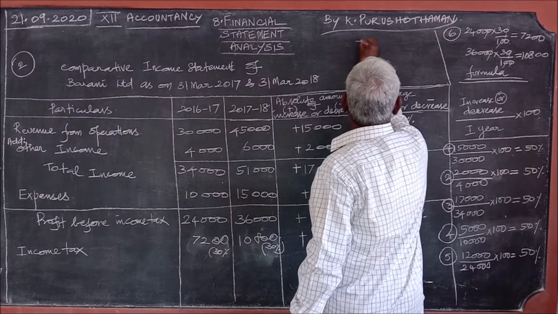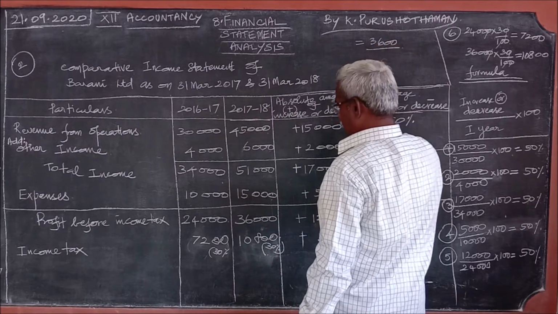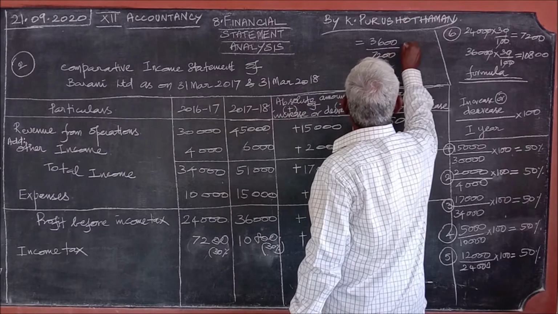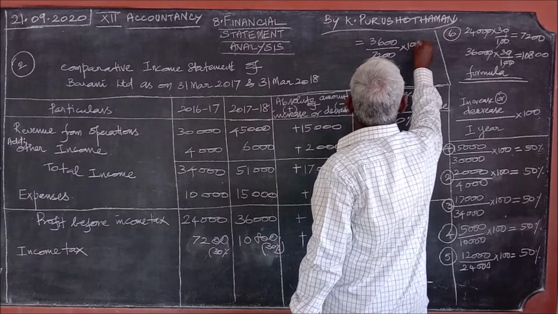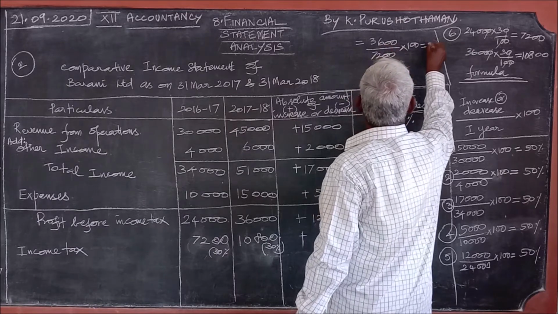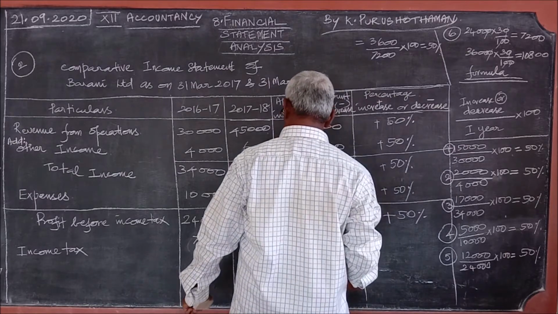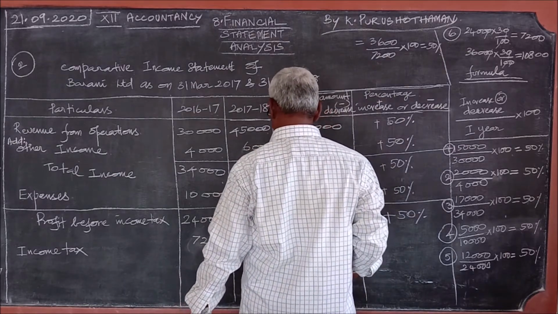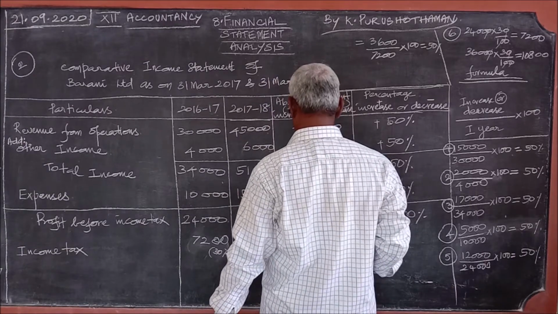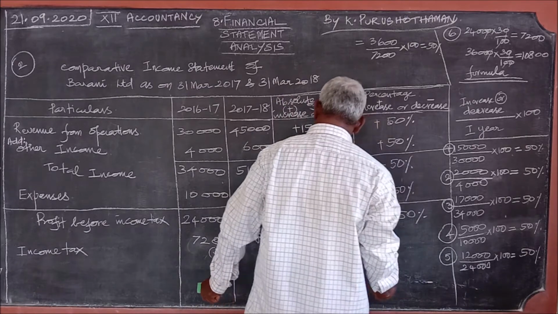Increase 3,600 for 7,200, then into 100, divide by 200 by 2, 50%. In income tax also, the increase is 50%.